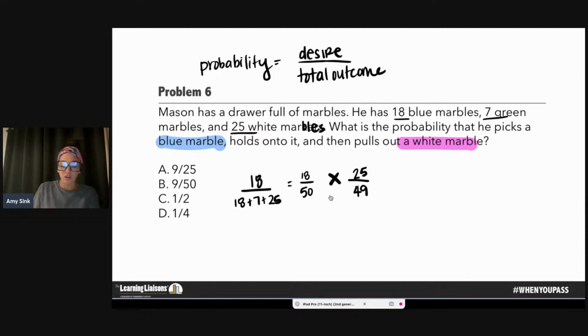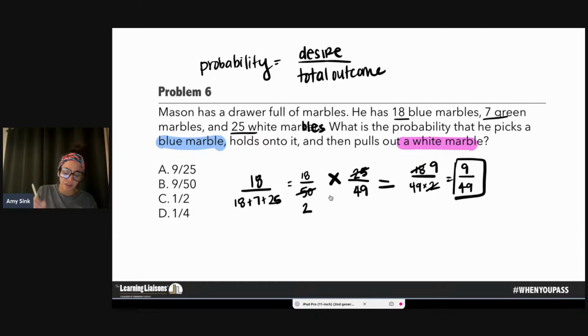So now I can multiply straight across, or I can go ahead and simplify while the factors are still split out. So 25 and 50 can simplify, and I'm left with 2. So I have 18 over 49 times 2, and 18 can simplify with the 2. So I have 9 over 49, and that cannot simplify any further.